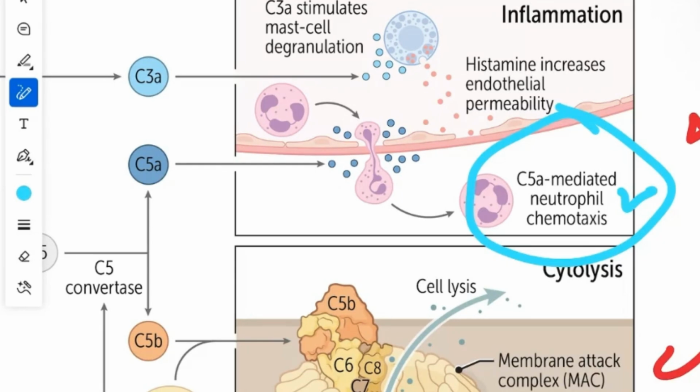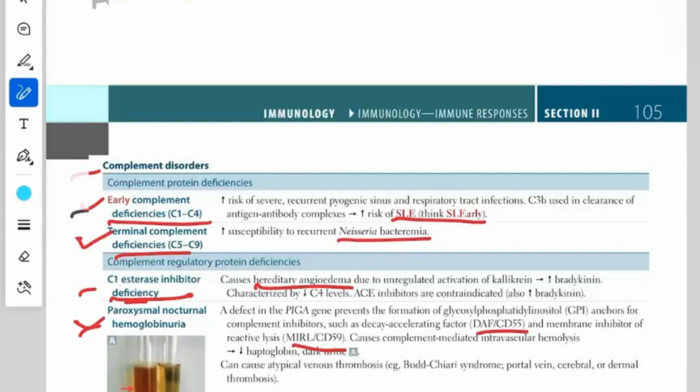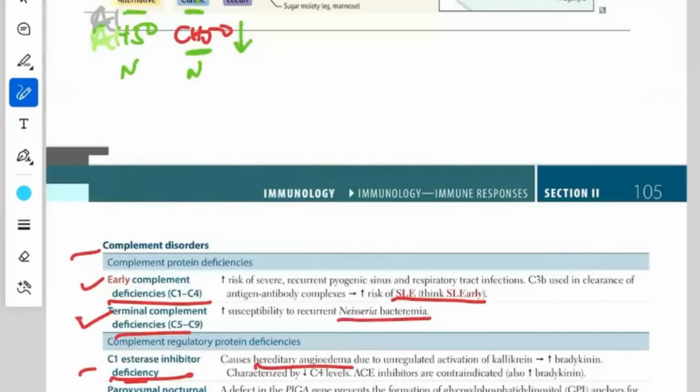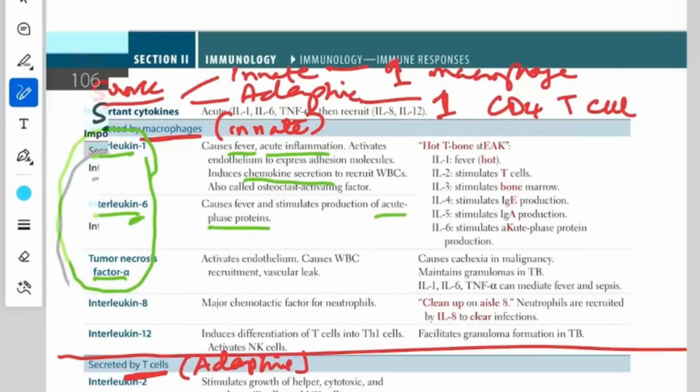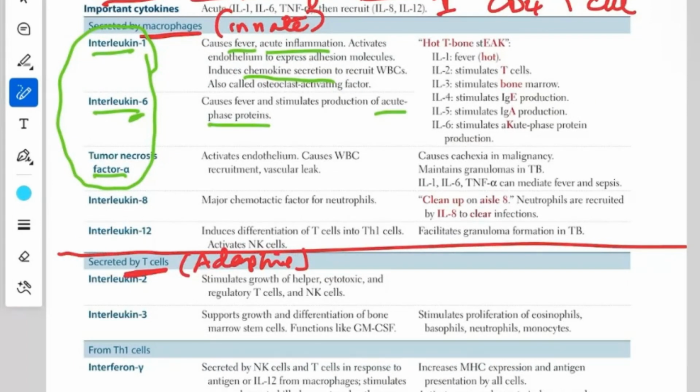So when you hear chemotaxis, the cells are moving from where they are to where the problem is. They are inside the blood vessel, and then they have to come out of the blood vessel and move to the source of the problem. That is called chemotaxis, and the chemicals that stimulate that are called chemokines. So now we'll look at them individually.